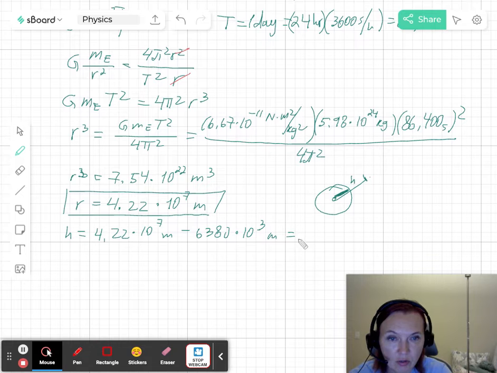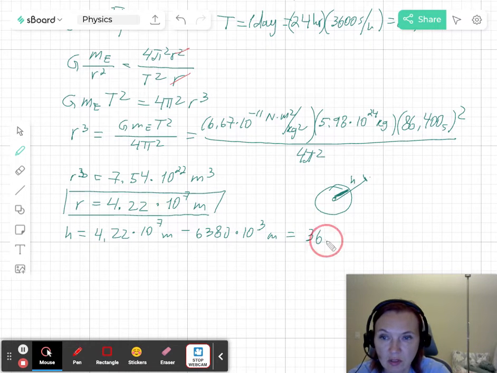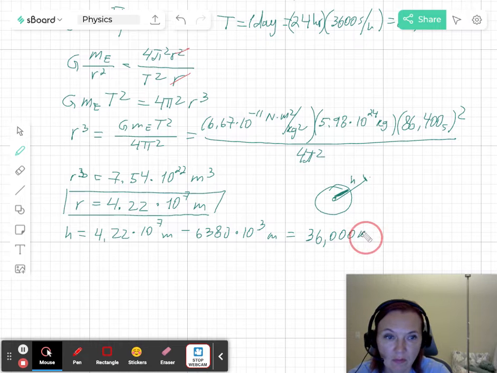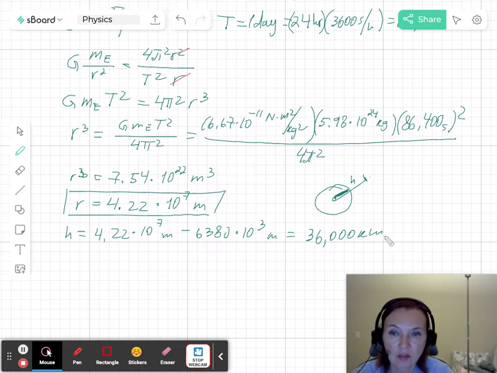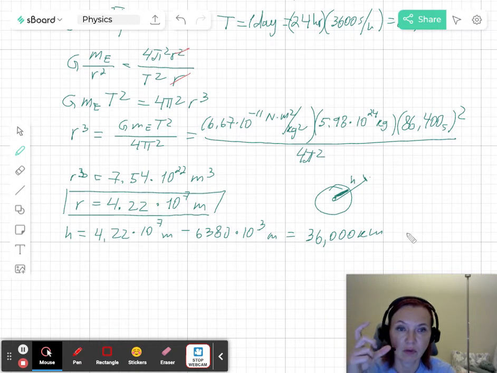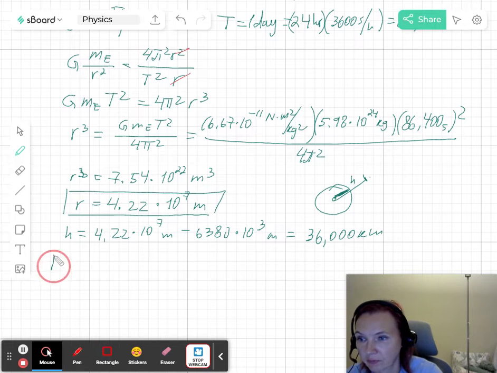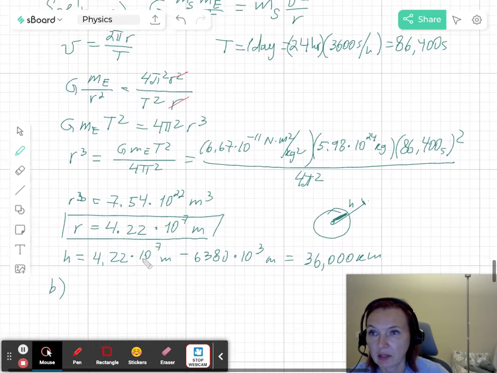And we are going to get approximately 36,000 kilometers. So that is about 6 radii of the Earth, above the Earth's surface. So that was part A.